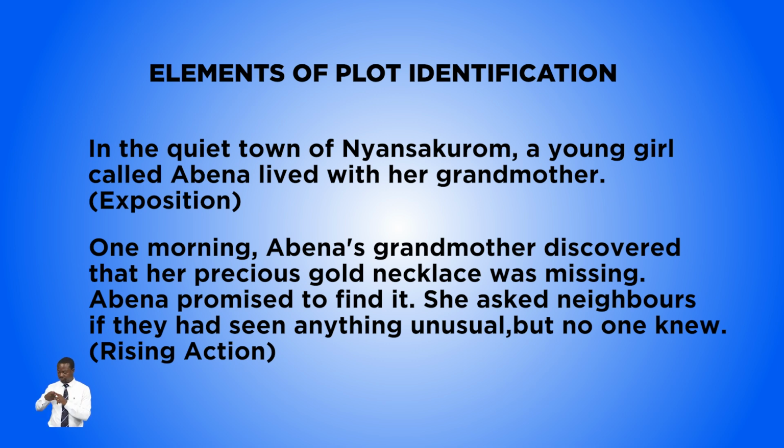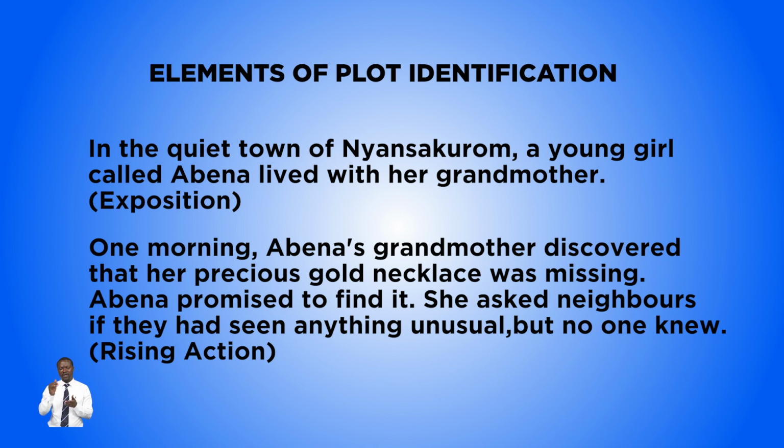Read with your friend and agree with your friend. Do you agree that the first part of the story, in a quiet town of Nyansakrom, a young girl called Abena lived with her grandmother, is the exposition of the story?